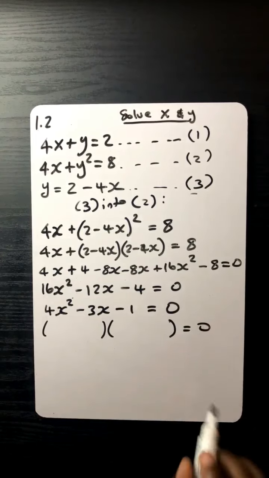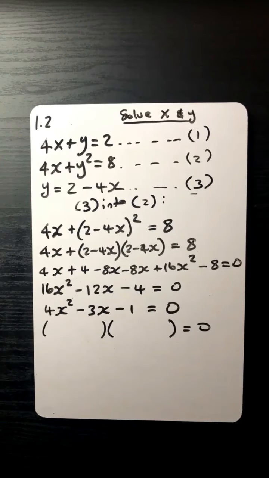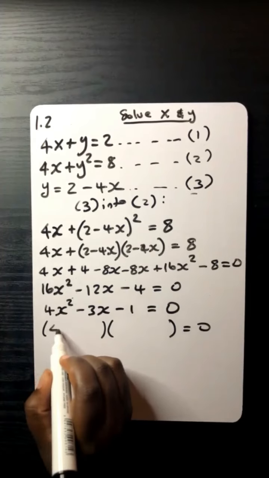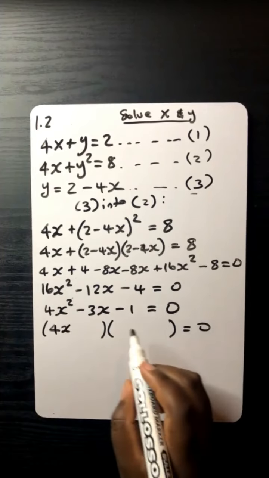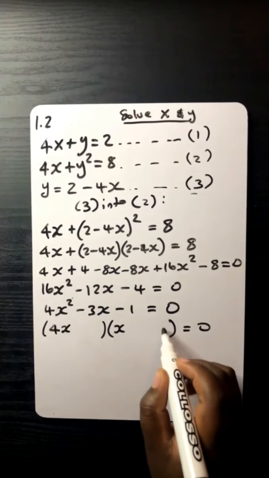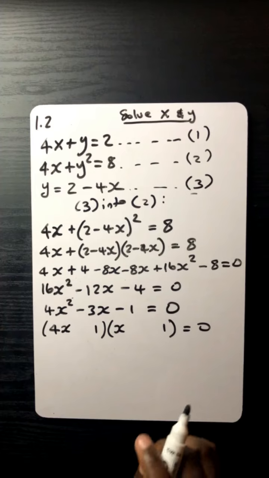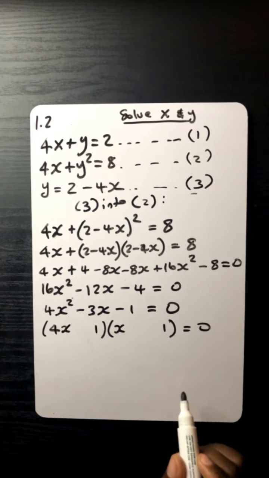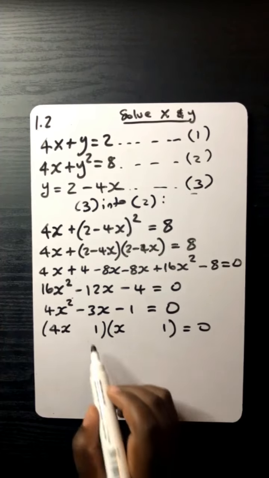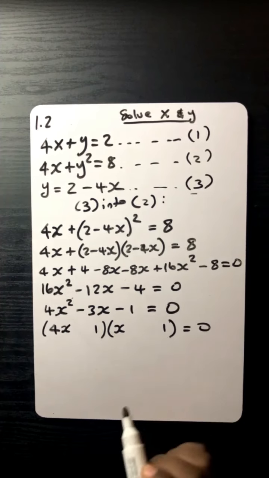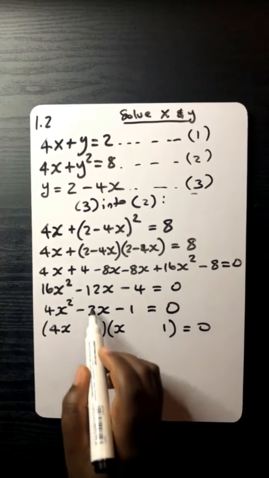Okay, so now, ladies and gentlemen, can you see? It might be a bit tricky to find those factors, but obviously we are going to have 4x somewhere, we might have x, and we'll still need to have 1 and 1. And remember, Dimpo, I've just explained previously that between these two values, the bigger number takes the sign of the middle term.